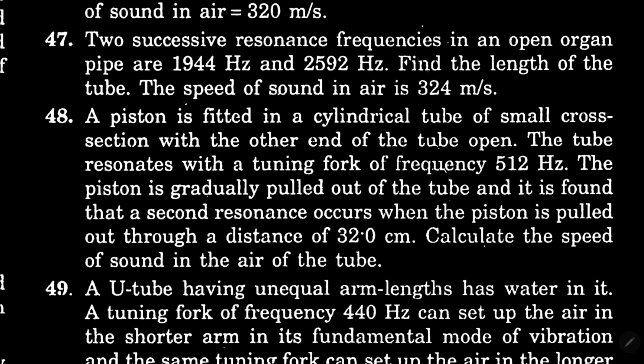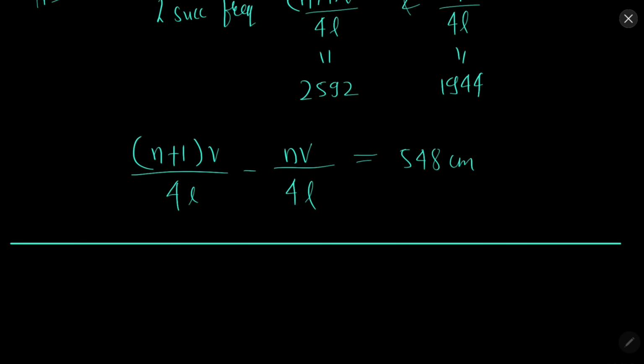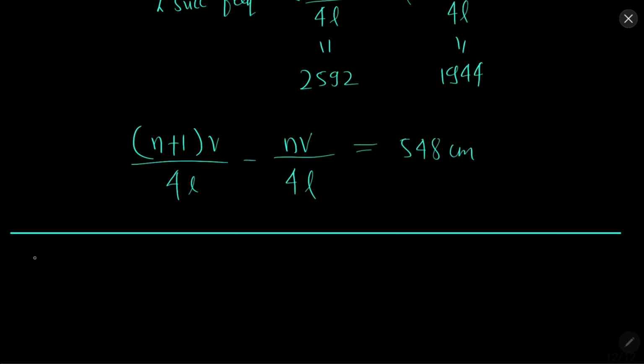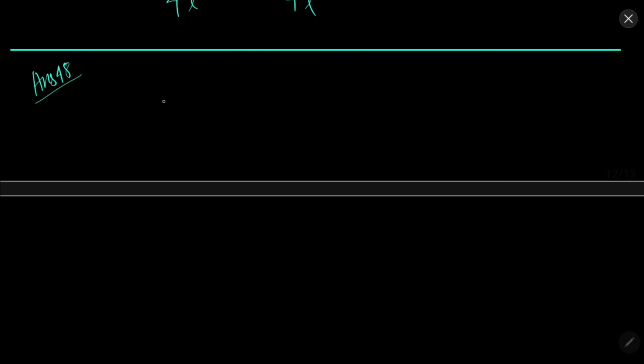In question 48, a piston is fitted in cylindrical tube. Calculate the speed of sound in air of the tube. Solution 48. So L is 32 centimeter, velocity unknown, frequency 512 hertz.